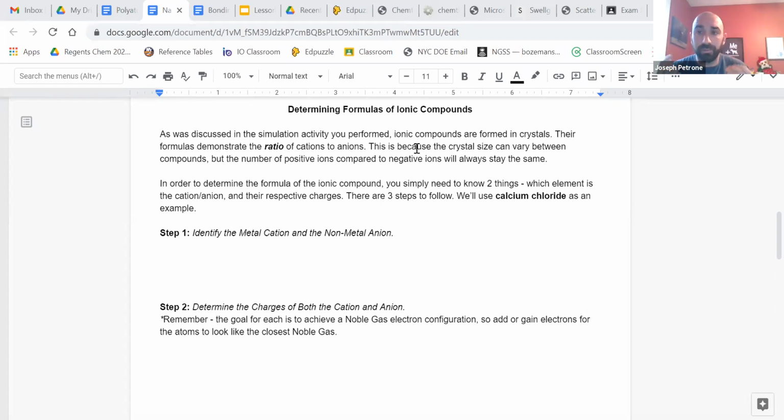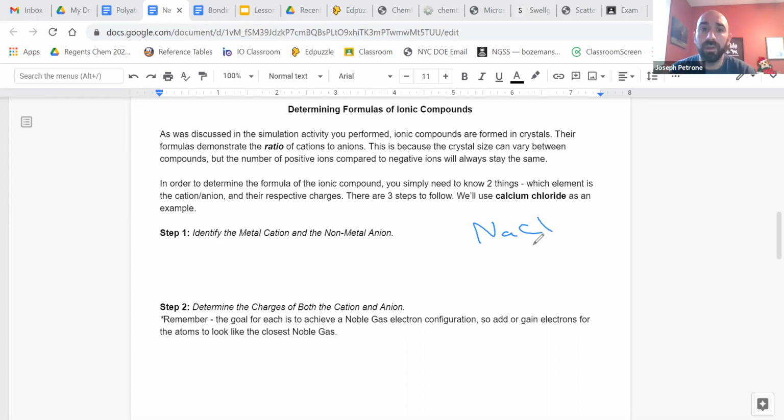Now, this is because if I was to take a salt crystal, so regular table salt, you may be familiar, is sodium chloride, NaCl. If I was to take a look at one of those salt crystals at an atomic level microscope, I wouldn't just see 2 atoms.